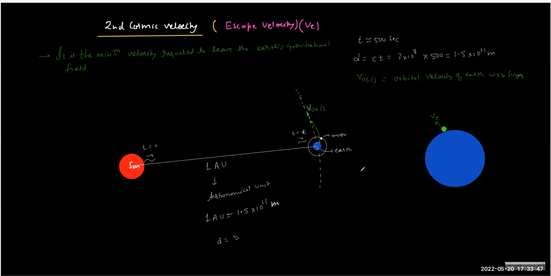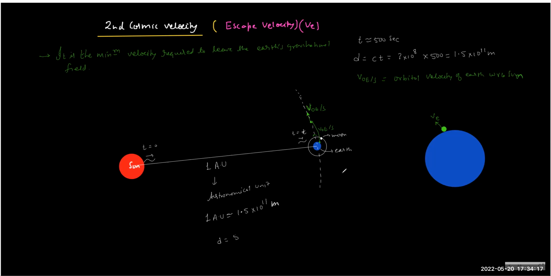Just like the Moon is orbiting Earth, Earth is also orbiting the Sun, moving in an orbit around the Sun at a distance of 1 astronomical unit, isn't it? And because Earth is also moving with the same velocity V_OES, in the frame of Earth, what will be your velocity?